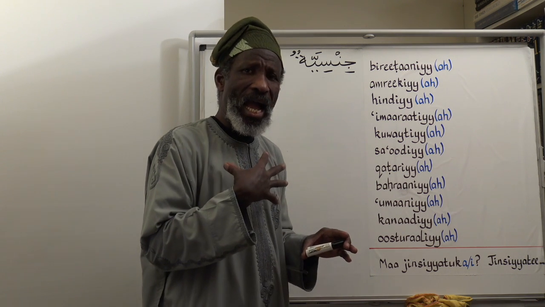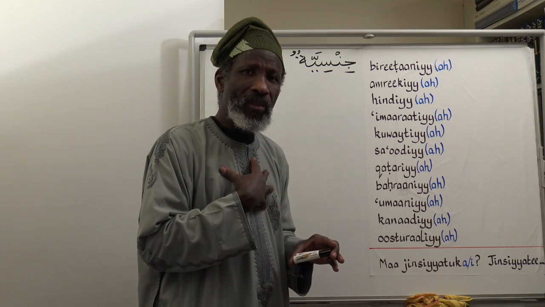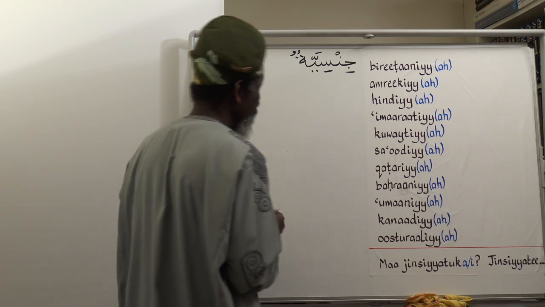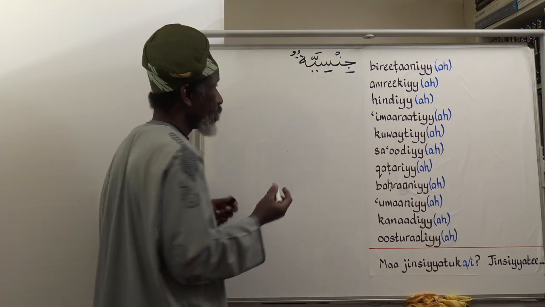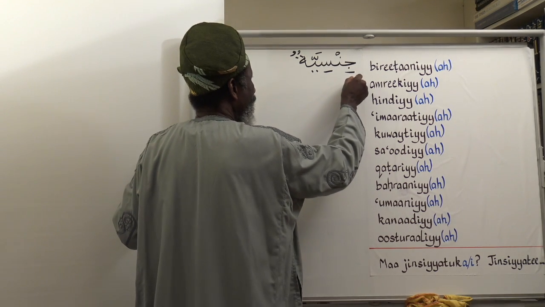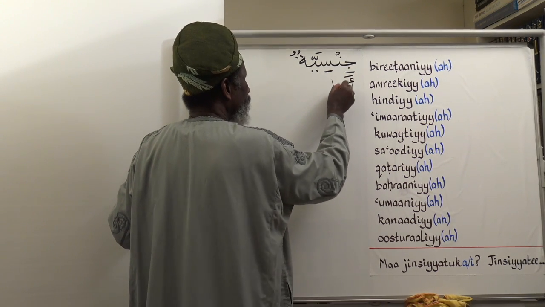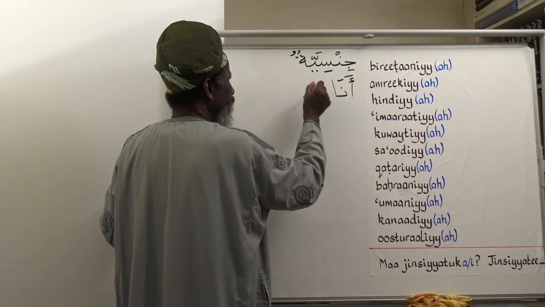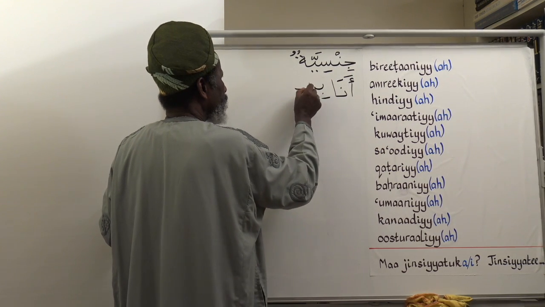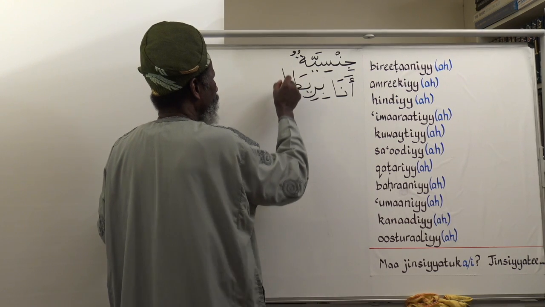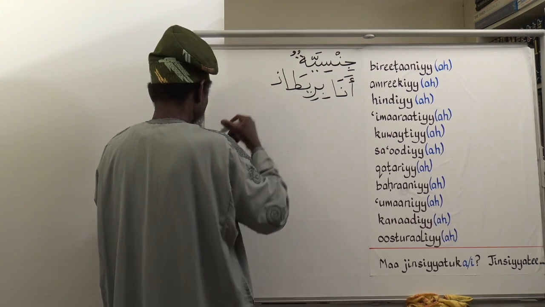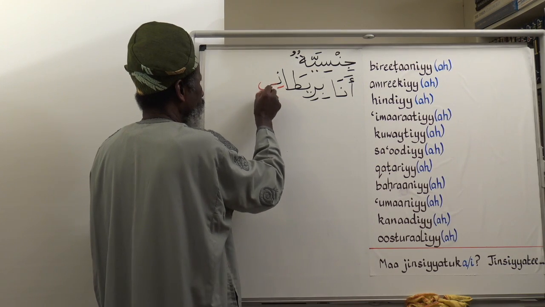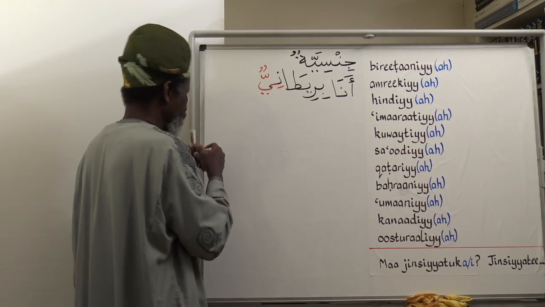Now, if I want to say I am British and I'm speaking as a man, I would say Ana Britaniyun. Remember, we put in the kesra and then we say yun. Ana Britaniyun.